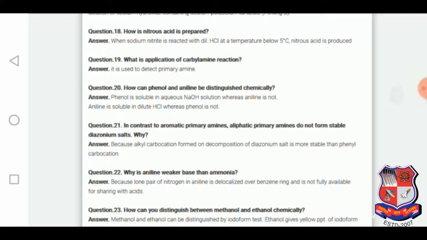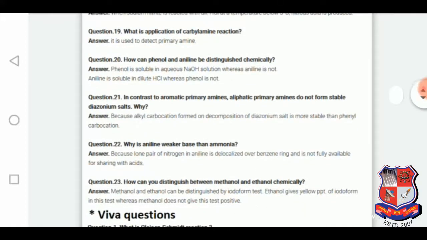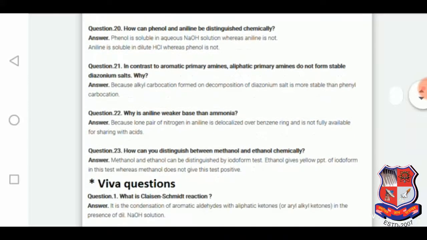How can phenol and aniline be distinguished chemically? Phenol is soluble in aqueous NaOH solution, that is sodium hydroxide, whereas aniline is not. Aniline is soluble in dilute HCl, whereas phenol is not. In contrast to aromatic primary amines, aliphatic primary amines do not form stable diazonium salts. Why? Because the alkyl carbocation formed on decomposition of the diazonium salt is less stable than the phenyl carbocation.